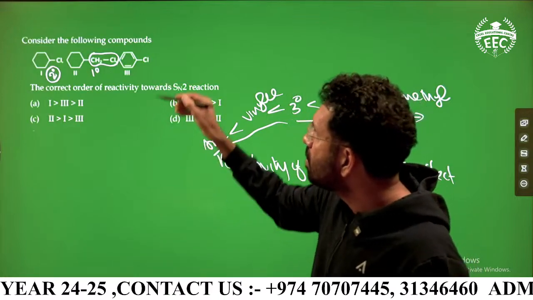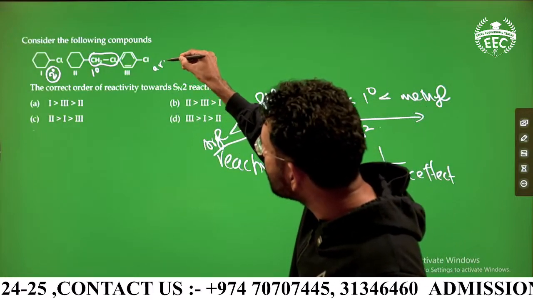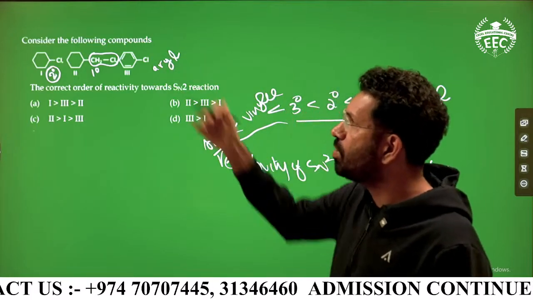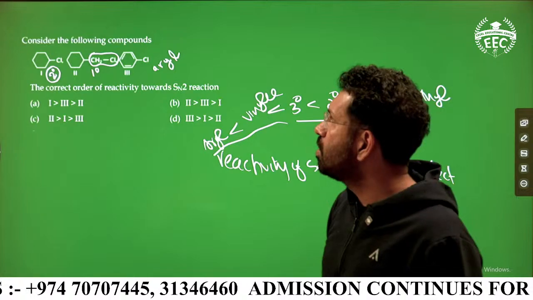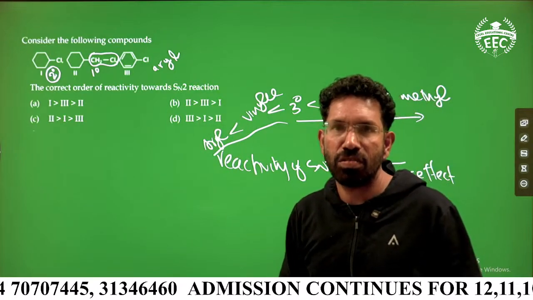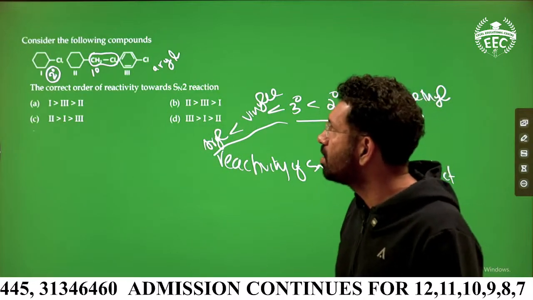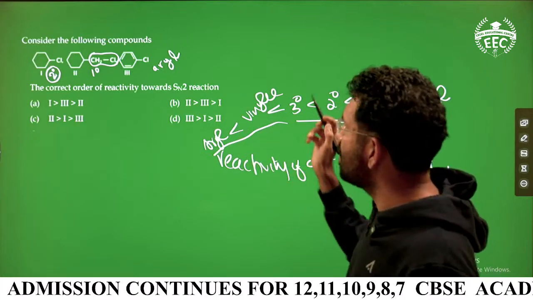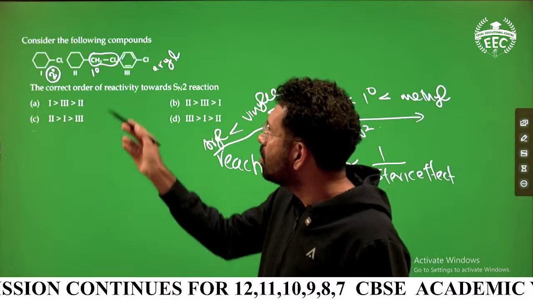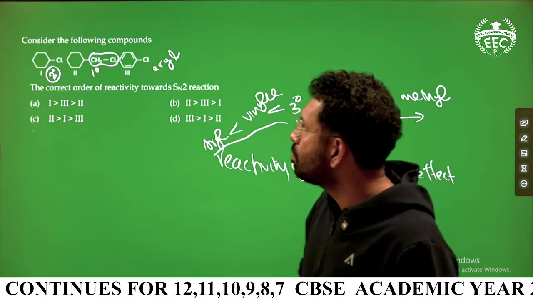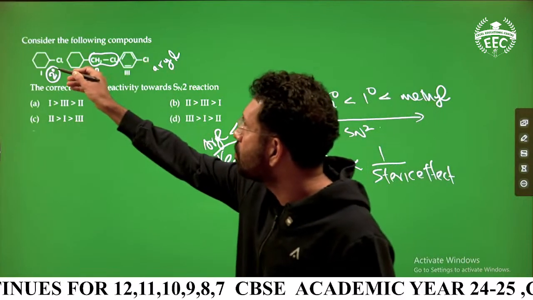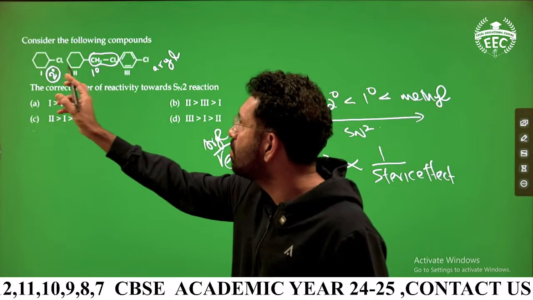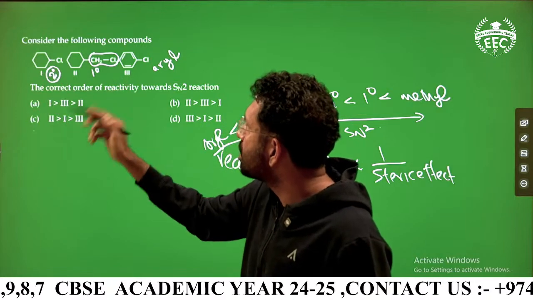What about this? This is coming under aryl halide. So we have primary, secondary, and aryl halide. What is the order of reactivity here? We know the primary is more reactive, then secondary, then aryl. So the second one will be the most reactive, then the first one, then the third one. So the answer is: second most reactive, then first one, then third one.